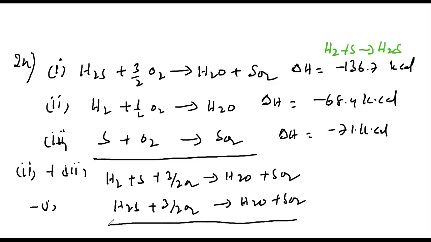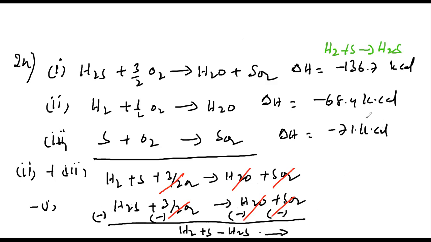When you do the subtraction, 3 by 2 O2 gets cancelled, H2O gets cancelled, SO2 gets cancelled. What is left over is H2 plus S minus H2S.